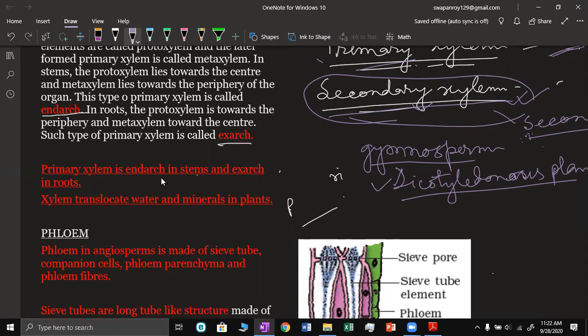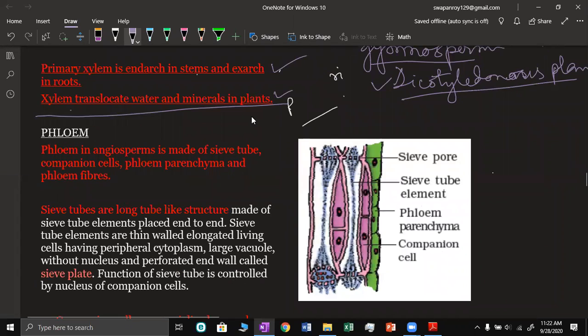So primary xylem is endarch in the stem and exarch in the root. Xylem translocates; their main function is translocating water and minerals. This is long distance translocation.